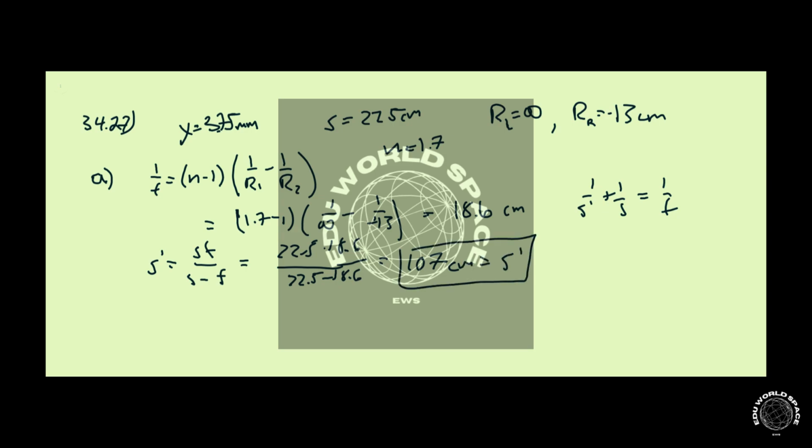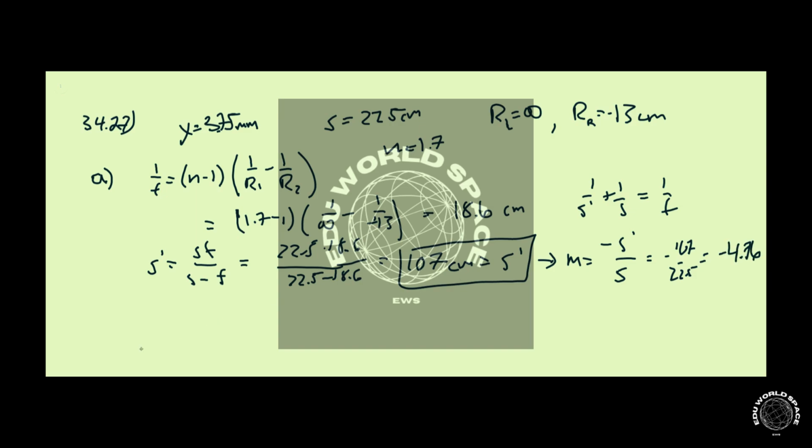So this is a positive image distance. We can then find the magnification by negative S prime over S, and this comes out to being negative 107 over 22.5, so this is negative 4.76.